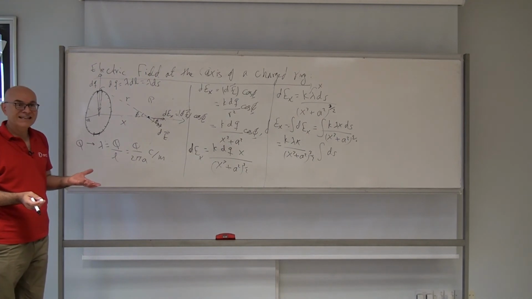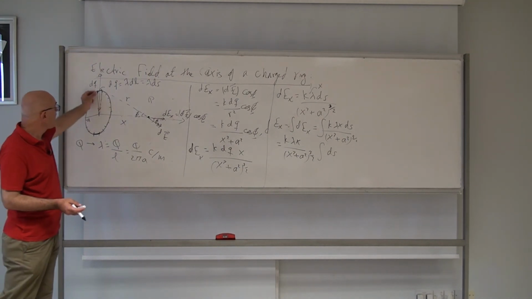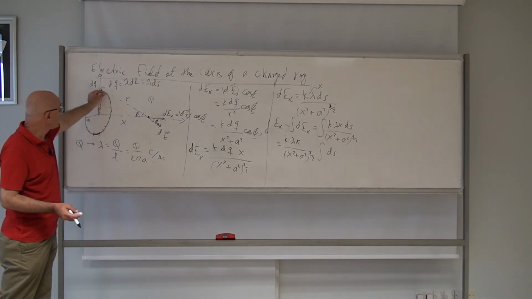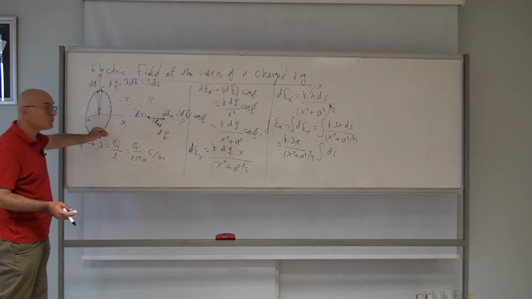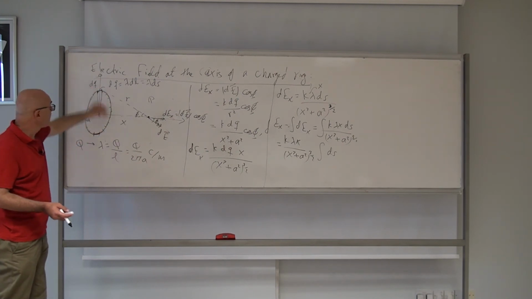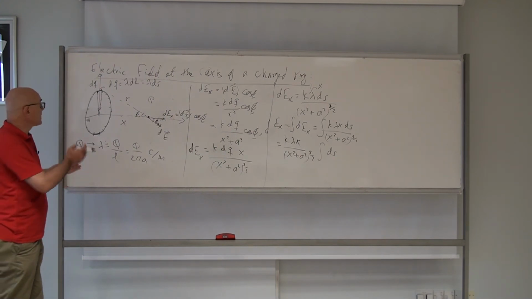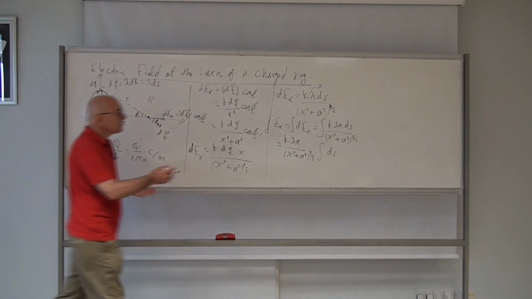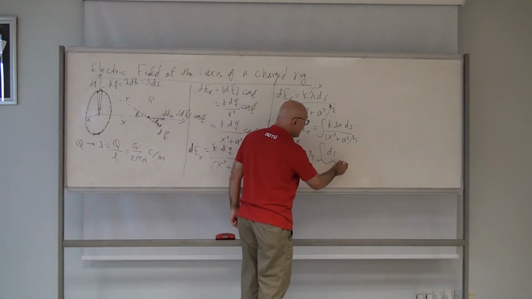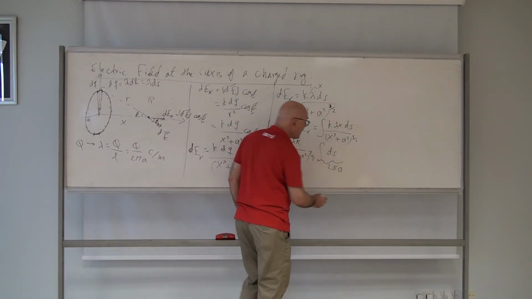Okay, so integral over ds, what does it mean? Actually, it is a sum over all the ds's that form for you the circumference. So either you write the limit as 0 to 2 pi or just immediately say that this quantity is just 2 pi a when you integrate it.